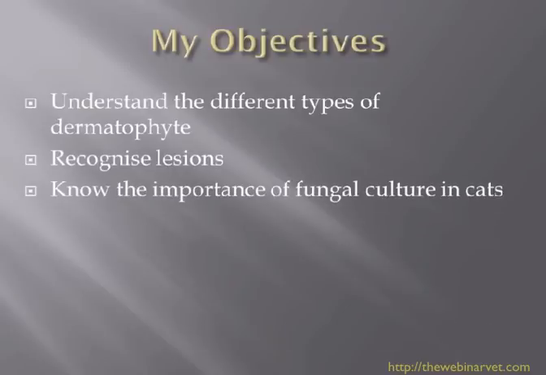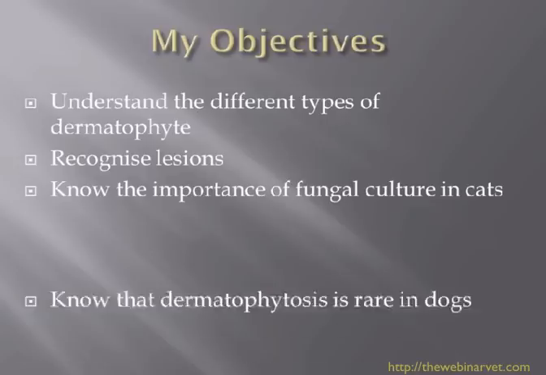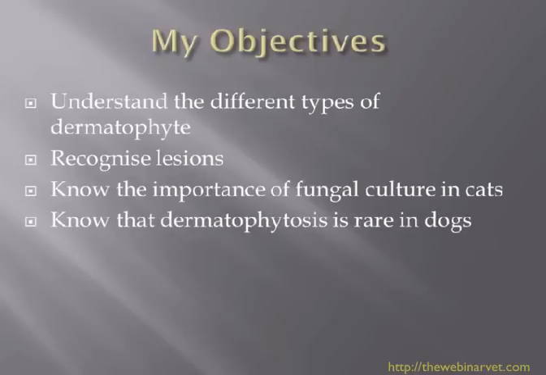We really should, as part of our baseline database, with any cat with a dermatological problem, look to be doing a fungal culture. Realize that dermatophytosis is rare in dogs. Some people see a lesion on a dog, a round lesion, which usually is an epidermal collarette, and they immediately think of dermatophytosis. And of course, that's not the case.